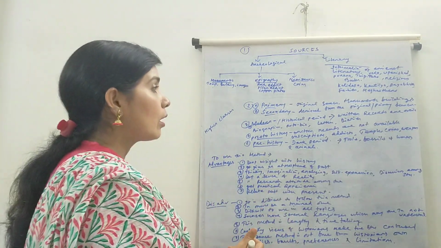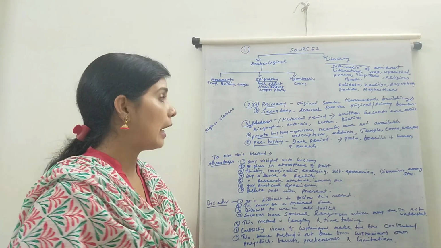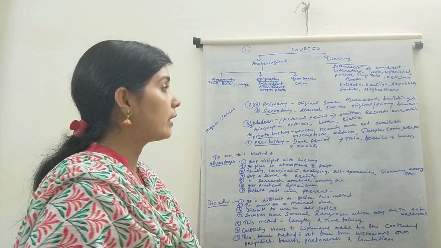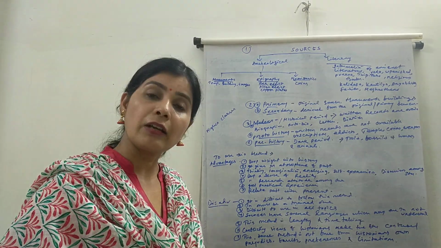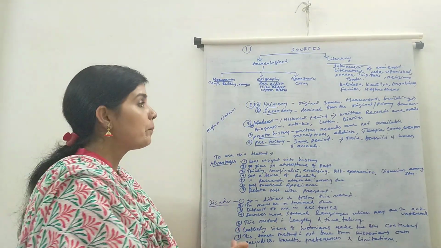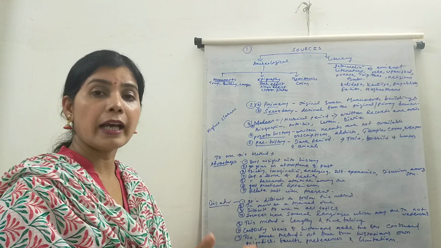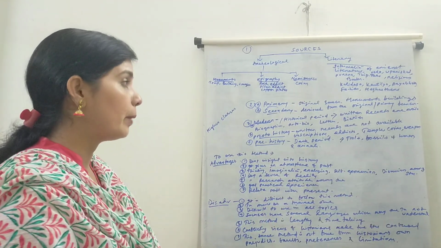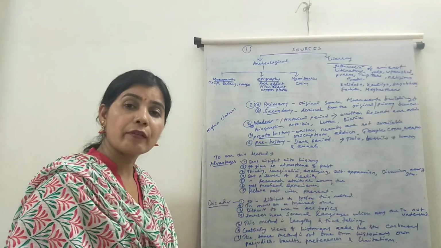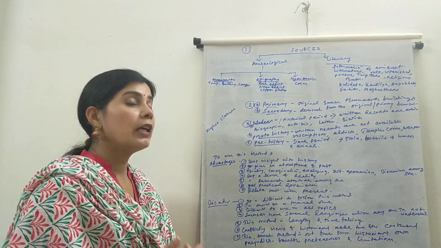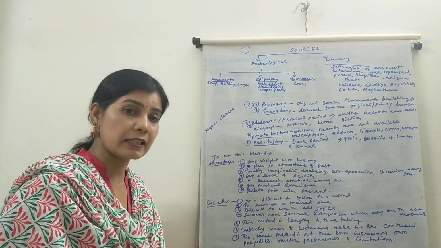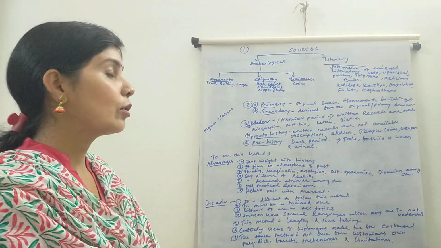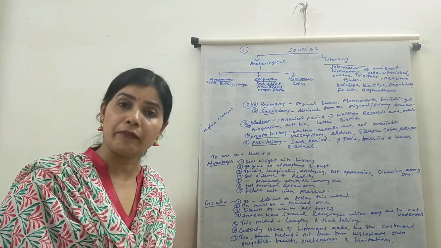In modern period, the written records are available, like the biographies, autobiographies, diaries, letters, etc. from our past. In the modern historical period, we can have direct information about our past from the biography, autobiography, letters, diaries, etc.